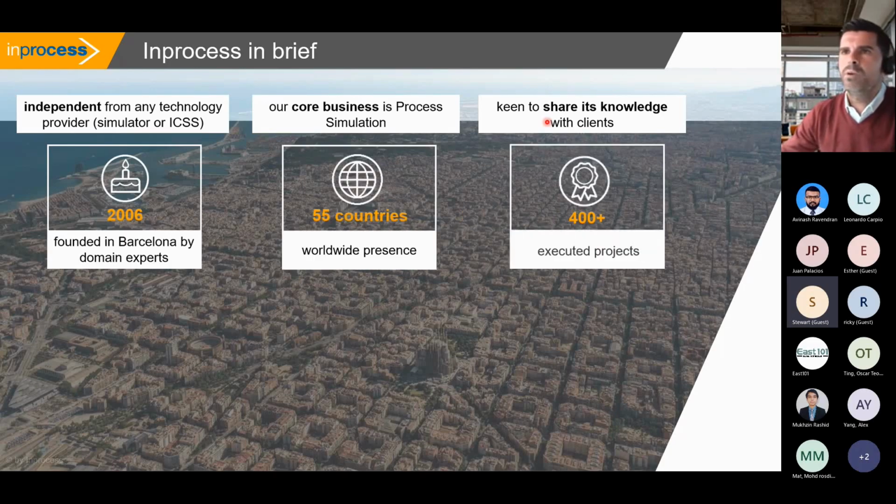So just a few numbers. Inprocess was founded in 2006 by a team formerly from Hyprotech and later on Aspentech. So we have a very long track record using simulation technologies like Aspen HYSYS, for instance. But again, we are now capable of performing services around many technologies. With a global presence in 45 countries, we have deployed more than 400 process simulation projects worldwide.